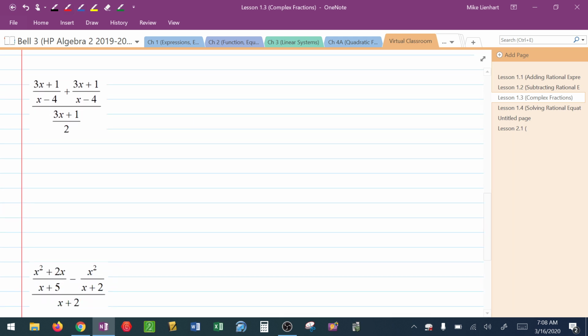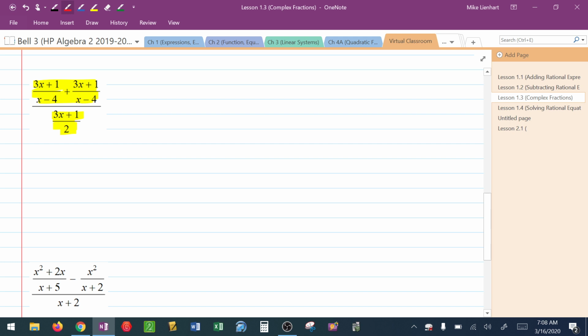All right? But what happens when you get a numerator like this? Or for that matter, a denominator. Well, I still have a fraction divided by a fraction. But that numerator, I need to simplify into a singular fraction. Now, in the numerator, I'm adding things that have the same denominator.